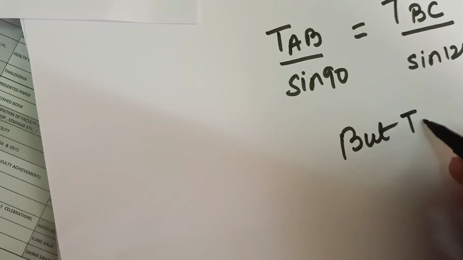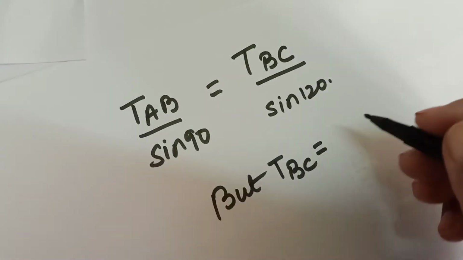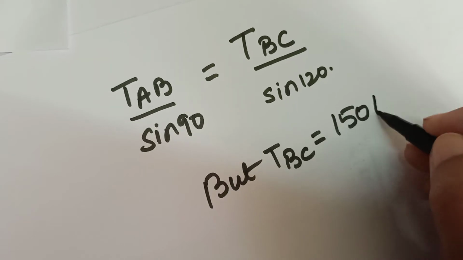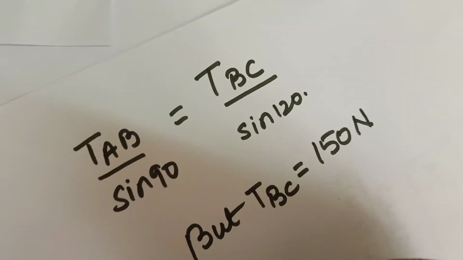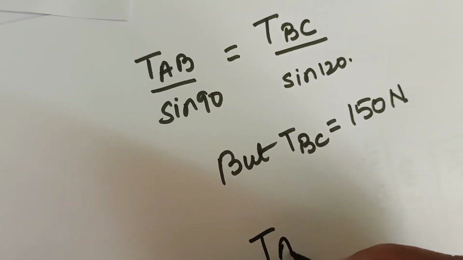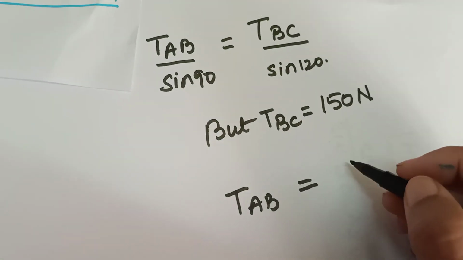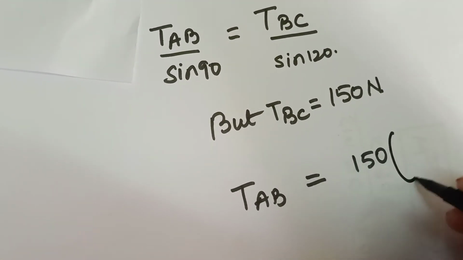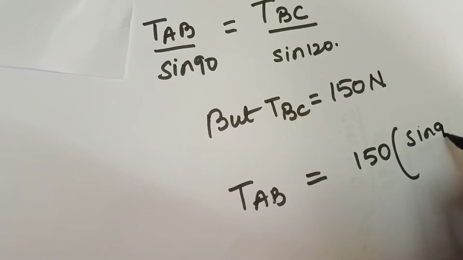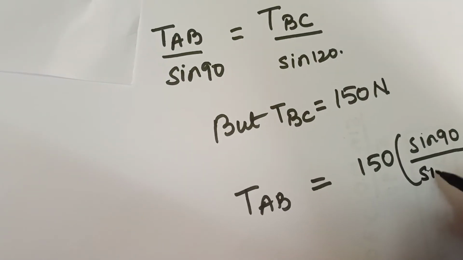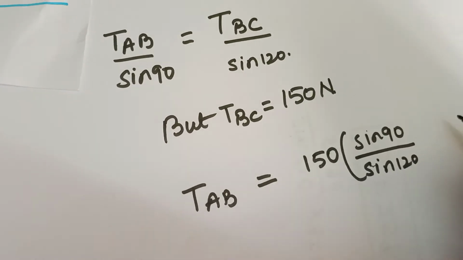But what is TBC? That is equal to 150 newtons. So TAB is equal to 150 into sine 90 divided by sine 120.